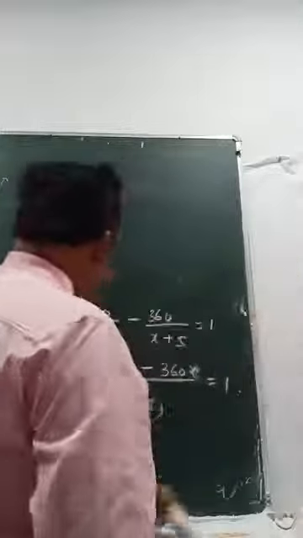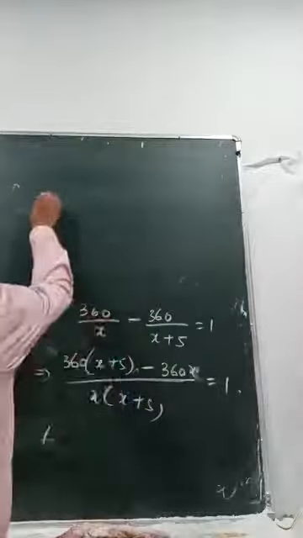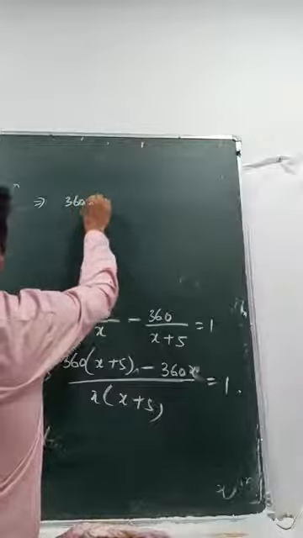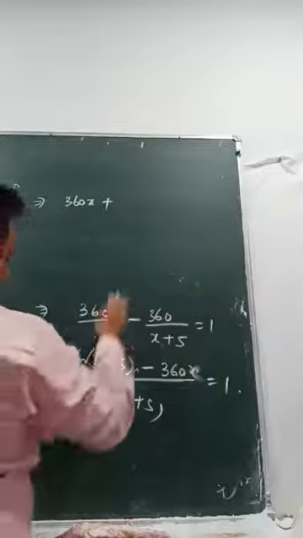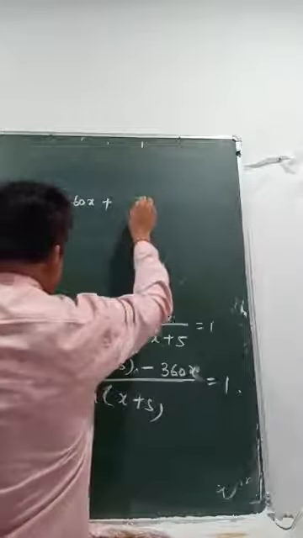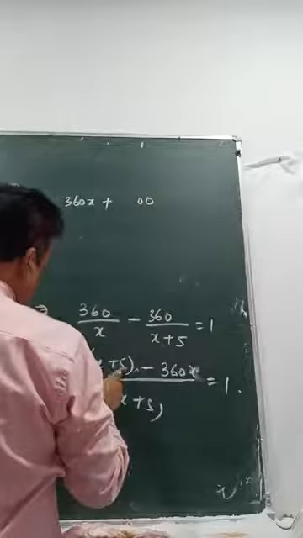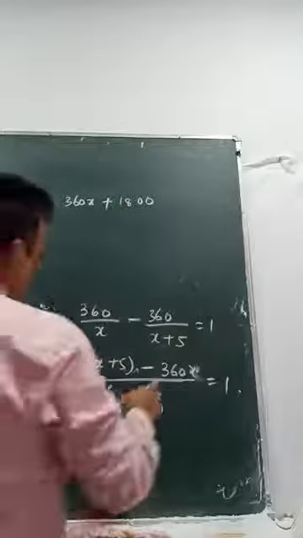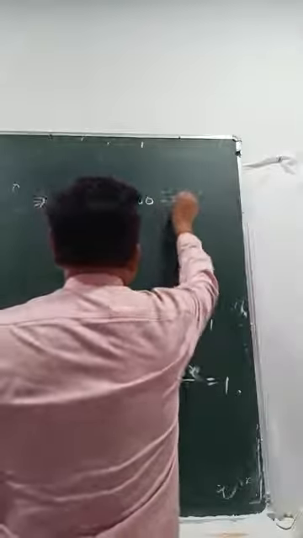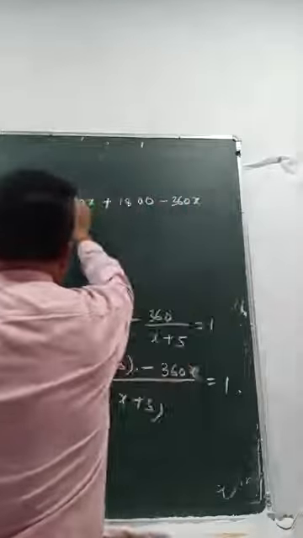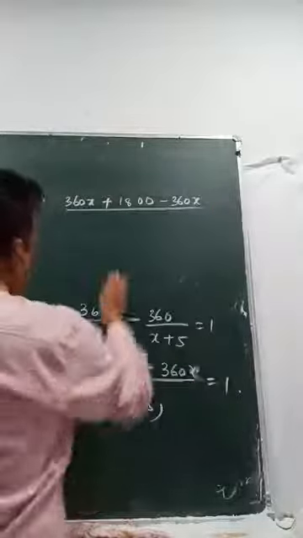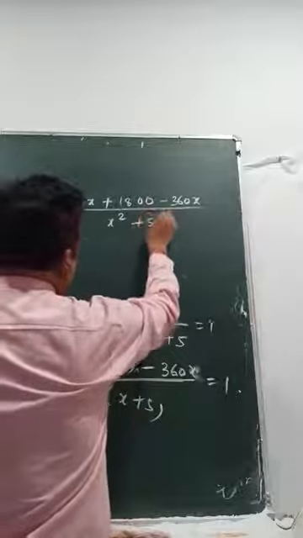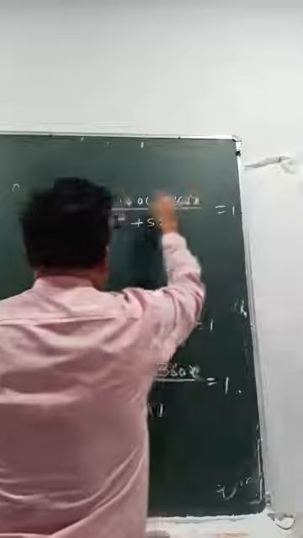So this implies 360x plus 360 into 5, 1800, minus 360x, divided by x square plus 5x equals 1. This is cancelled.